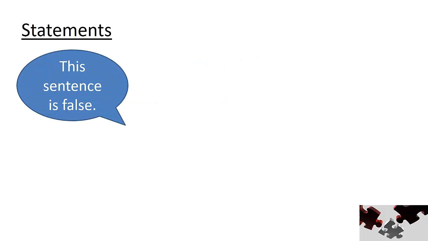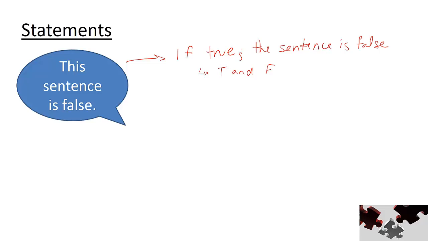This sentence is false. Is this a statement? Well, let's try to figure out what happens if we believe the sentence is true. Well, if the sentence is true, then the sentence is telling us that it must be false. What happens if we believe the sentence is false?